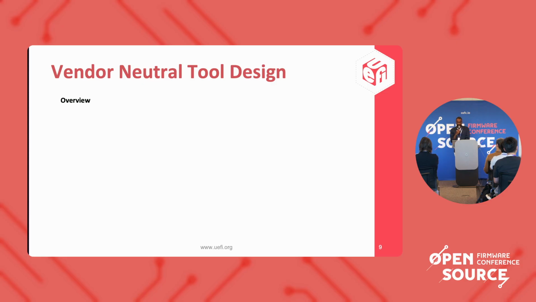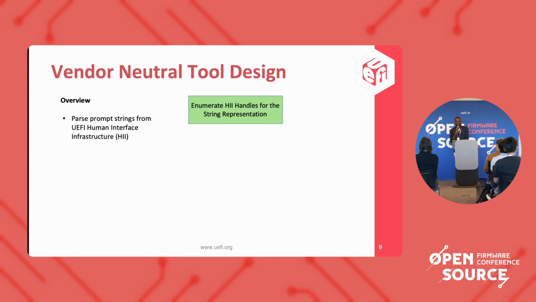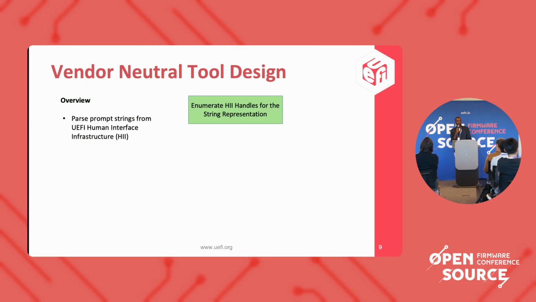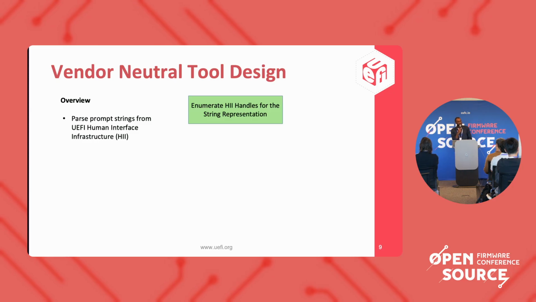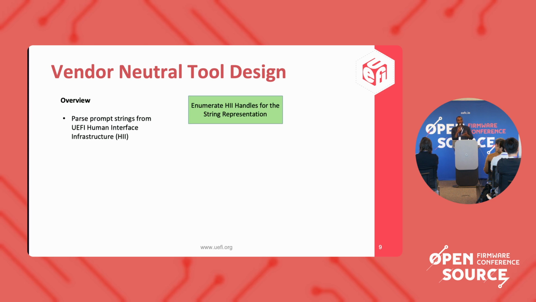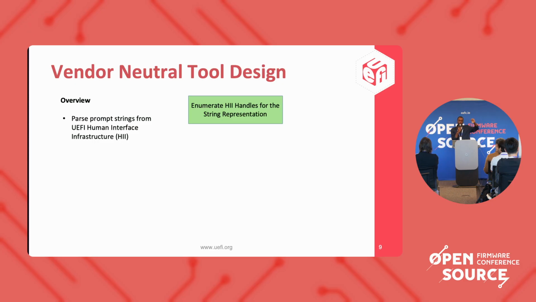So what we've been able to do is, for the vendor-neutral tool, we used the prompt string. When you go to the UEFI settings GUI, which is what the non-conversant UEFI person would go to, that's what the SRE person knows, that's what the security person knows. They know the prompt strings written there. They know Secure Boot, they know PCIe randomization, they know COM0 ports.